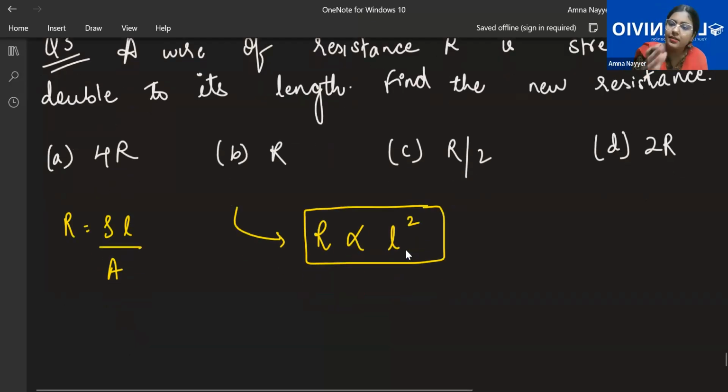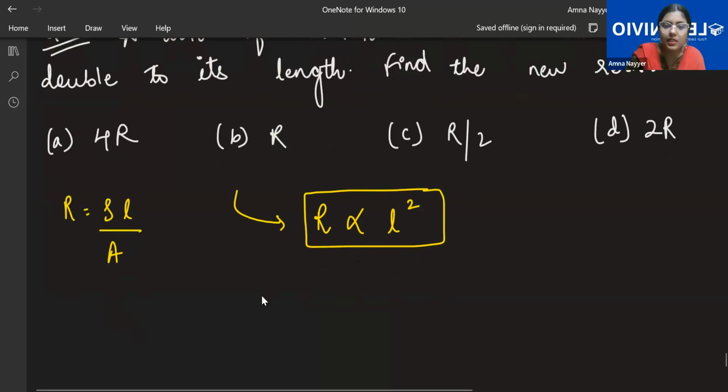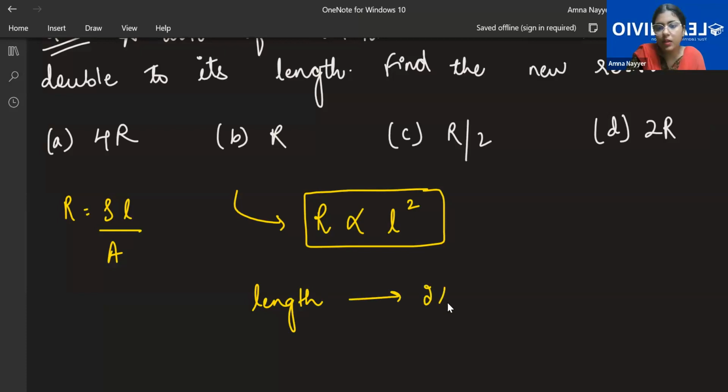Now see the initial resistances are, it says double its length. Length becomes doubled to 2L. So when you're talking about the resistance, resistance is directly proportional to 2L square, which is equal to 4L square.